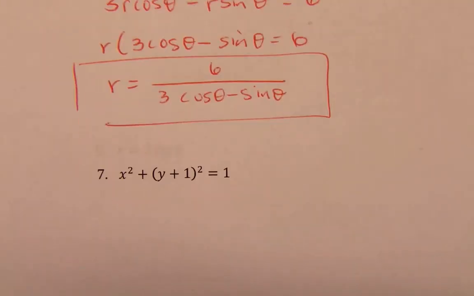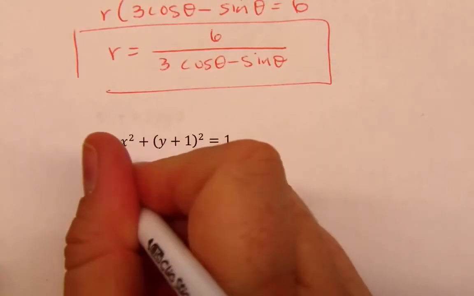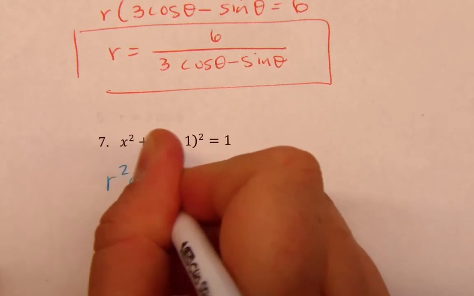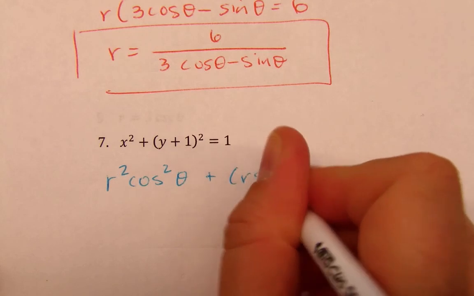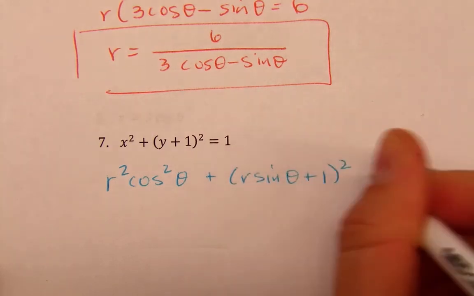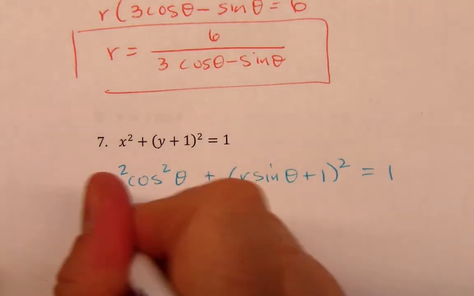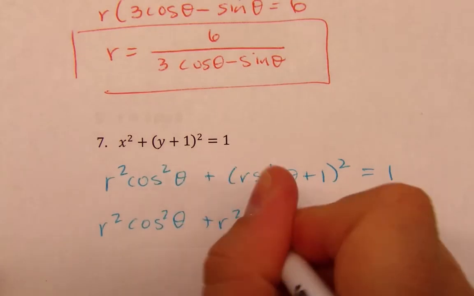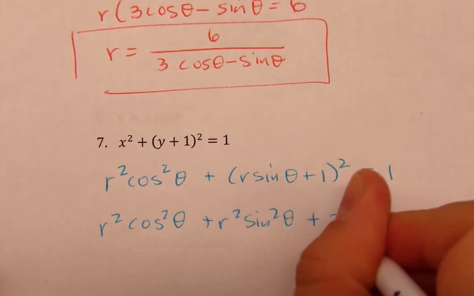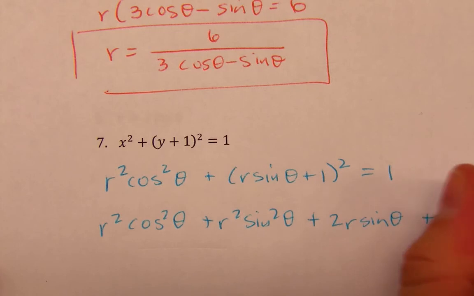Next one, we have these terms squared now, so it's a little bit tougher. So we have x squared, so r squared cosine squared theta plus r sine theta plus 1 squared equals 1. I need to FOIL all of that out, so I have r squared cosine squared theta plus r squared sine squared theta plus 2r sine theta plus 1 equals 1.